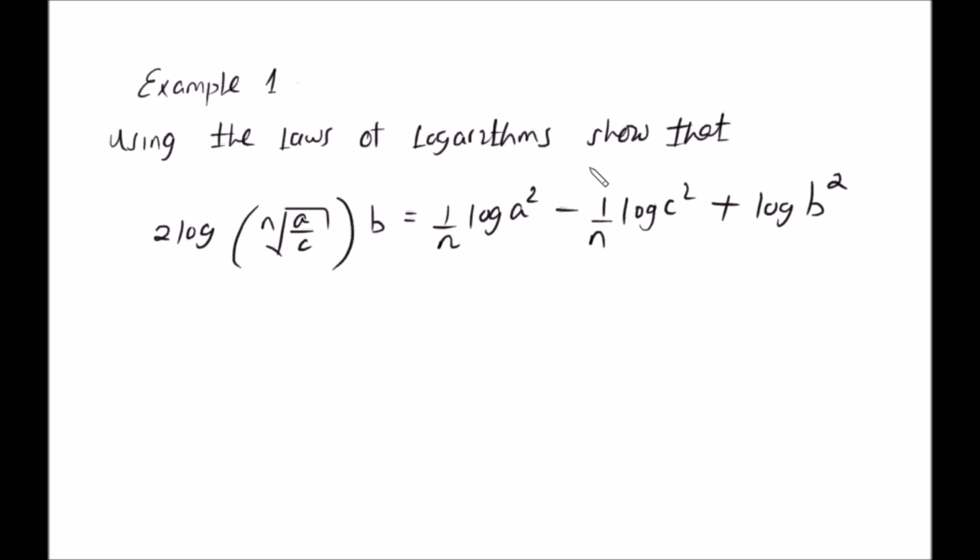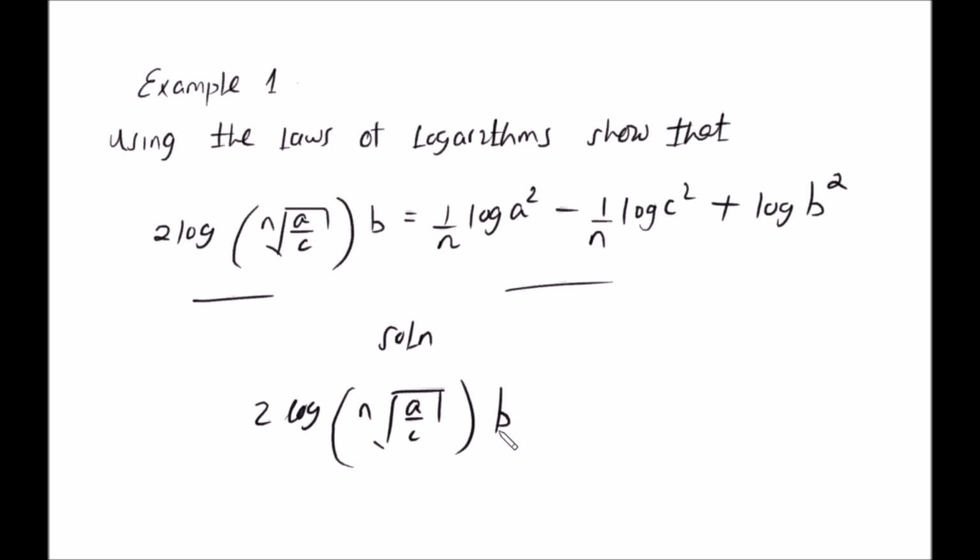Anasema using the laws of logarithm show that upande wa huu sasa na upande wa huu. So nitaanza na upande wa huu wa kushoto, then nitaumeng'enyoa hadi utakuwa kama hivi. So hapa tuna 2 log, so ni the nth root ya a over c and then times b.